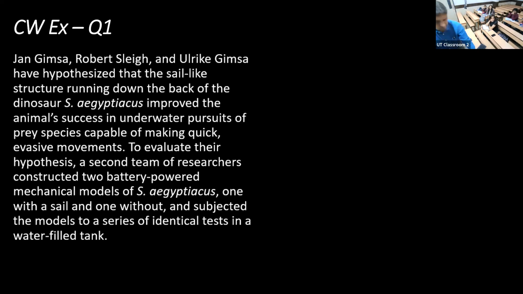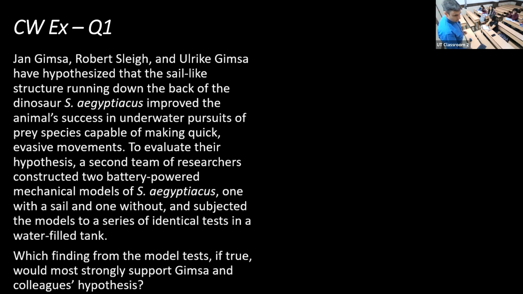To evaluate their hypothesis, a second team of researchers constructed two vacuum powered mechanical models of S.A, one with a sail and one without, and subjected the models to a series of identical tests in a water-filled tank. So this is some research that happened. उस रिसर्च का उन्होंने एक extract summary दिया है, they have given us.